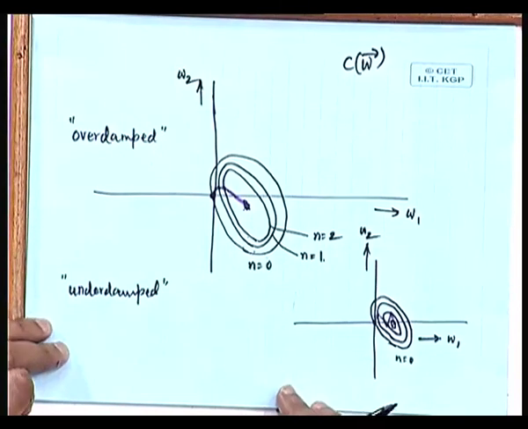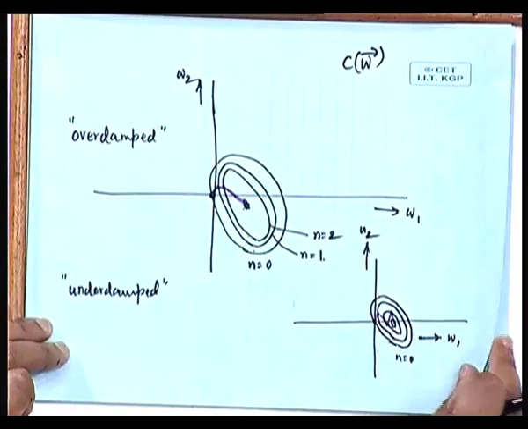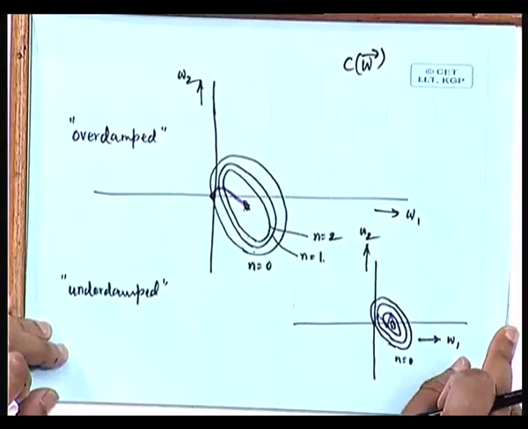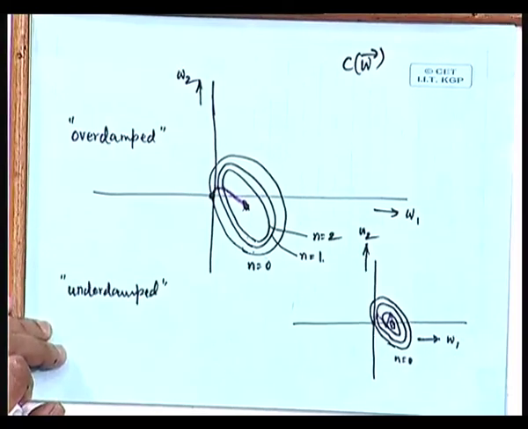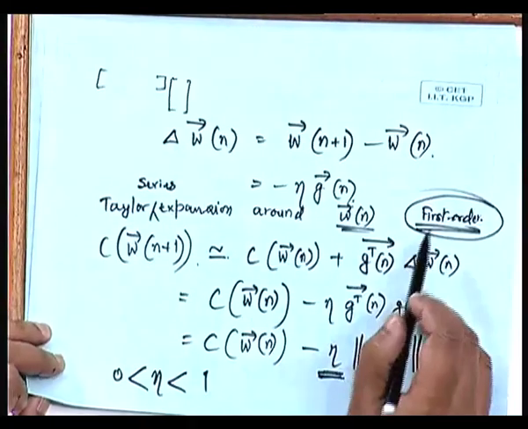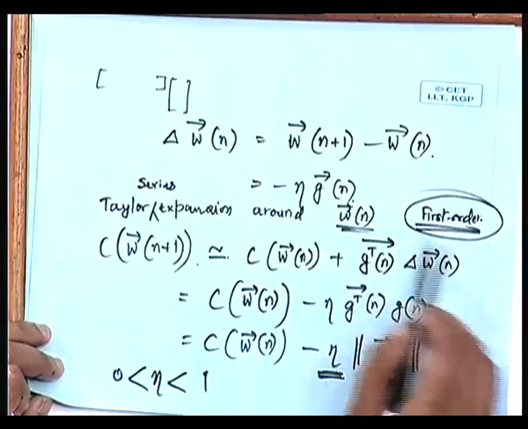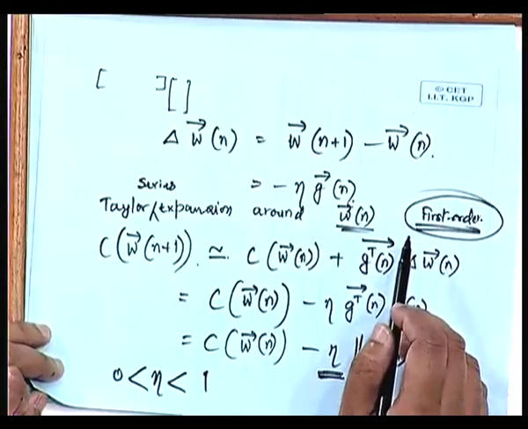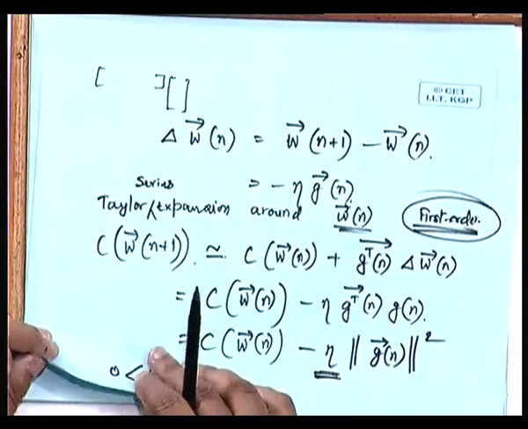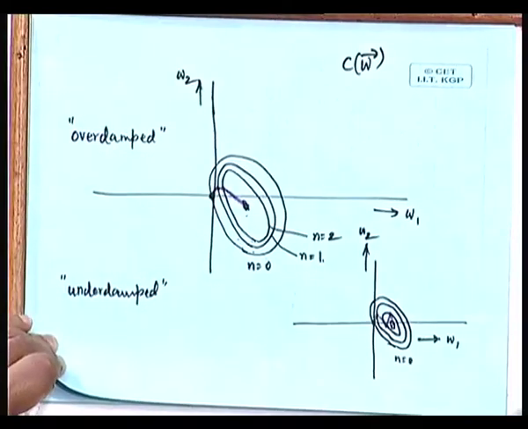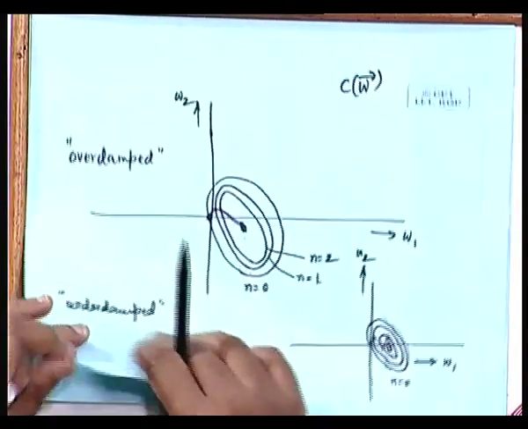Now, we discuss a second methodology of unconstrained optimization, where we do not neglect the second order term. We consider the second order term of the Taylor series expansion also, and that is done using what is called Newton's method.